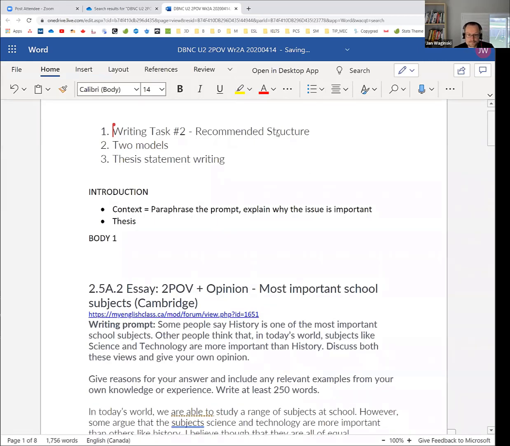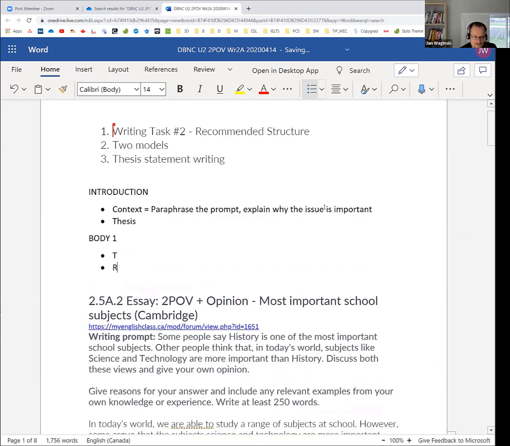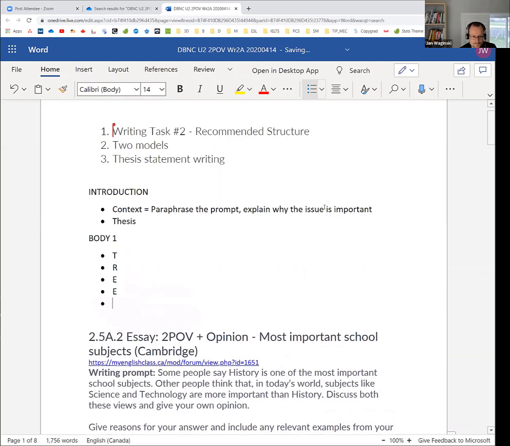Body 1 is going to be, we'll use the same tree structure. You've got your topic, reason, evidence. Evidence means, how do you know that the reason you're giving is actually a valid reason?